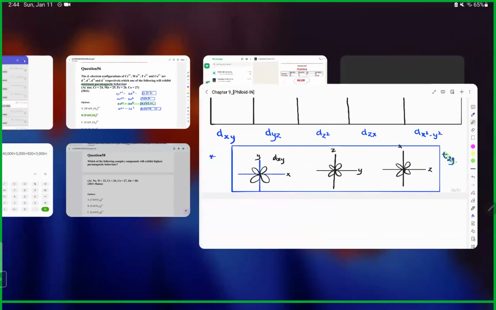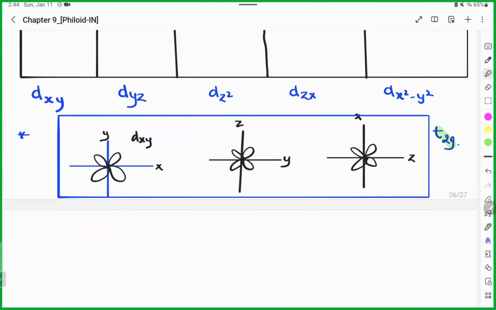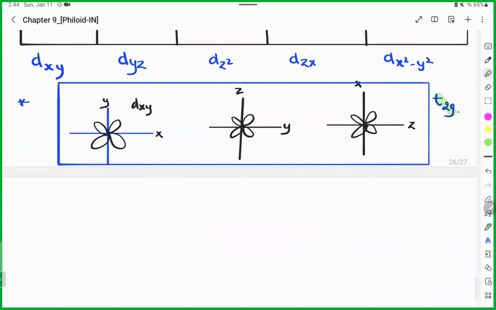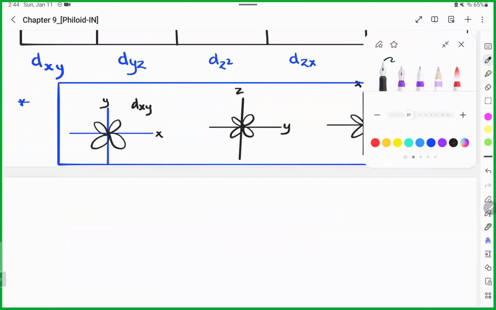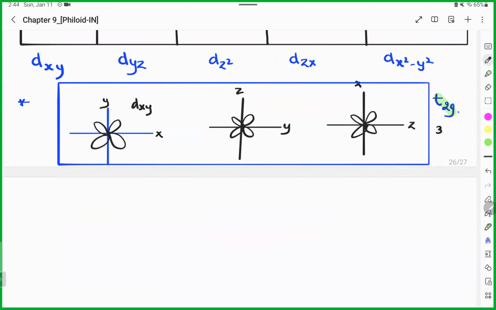Yes, guys. So these three orbitals have exactly the same energy. Everything looks similar; only the axis is different. Such three orbitals are known as T2g. Here you have three orbitals: xy, yz, and zx.